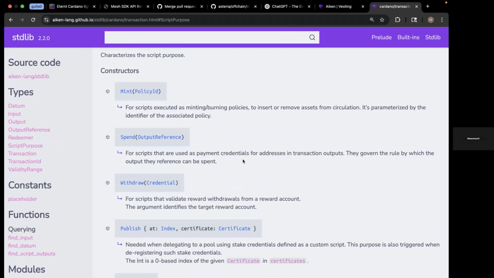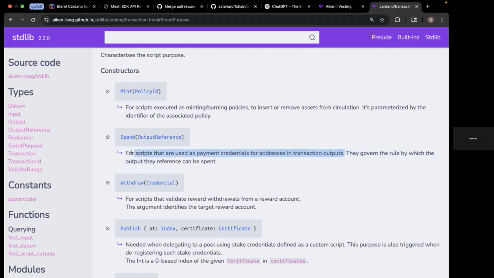Is this hello world being used as a payment credential for an address? What's the address? And what is a transaction output? When you take it apart, all of a sudden it's not as simple as one would expect. Exactly. So now let's figure this out. What is this saying, for scripts that are used as payment credential for addresses in transaction output?